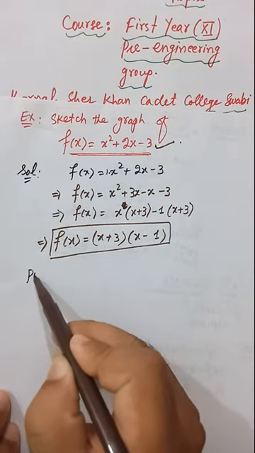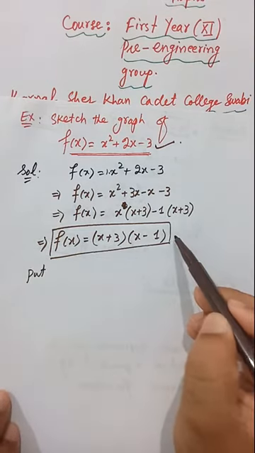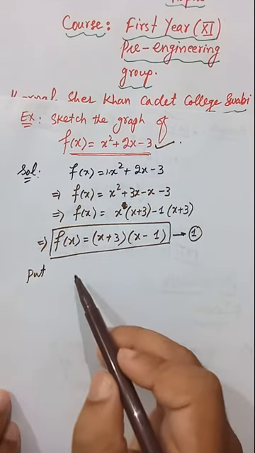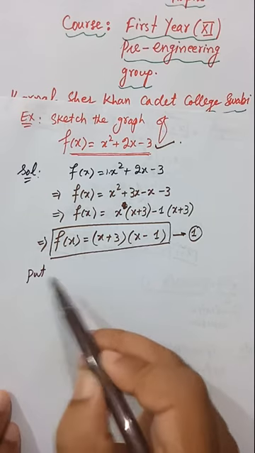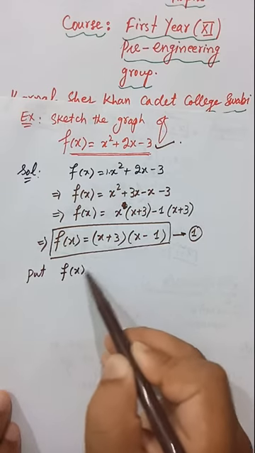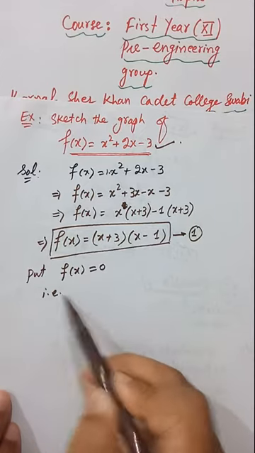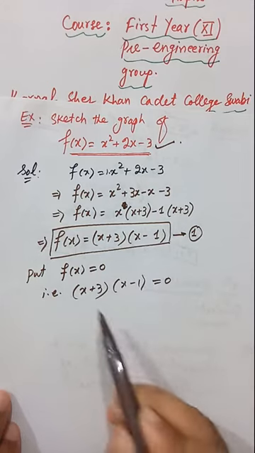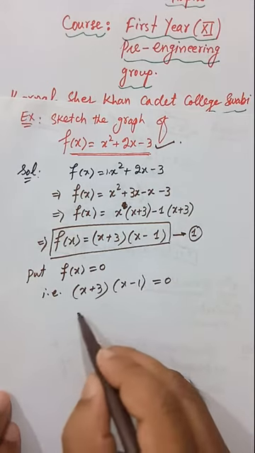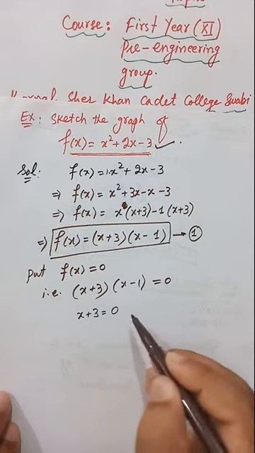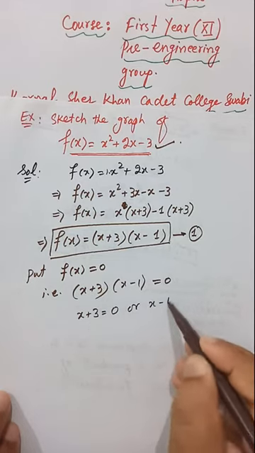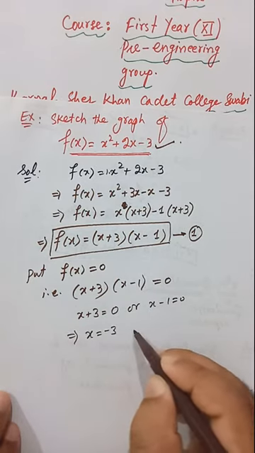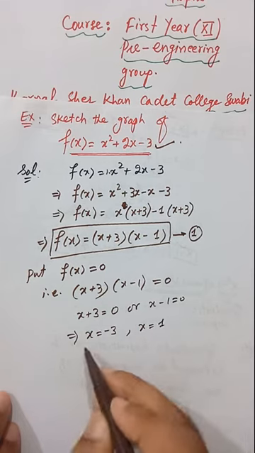So put f of x equal to 0, so that is x plus 3 and x minus 1 equal to 0. Whenever the product of two factors is equal to 0, it means that either one of them must be 0 or both. So this implies that x is equal to minus 3 and x is equal to 1.